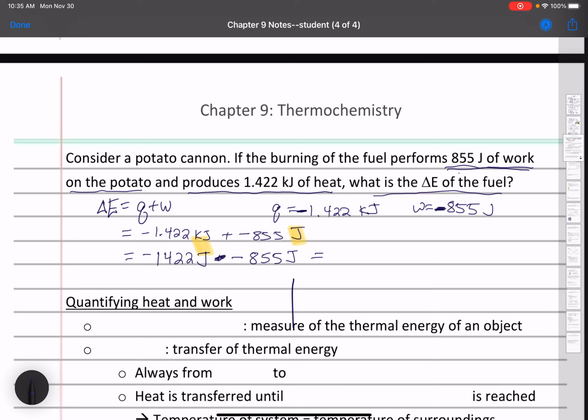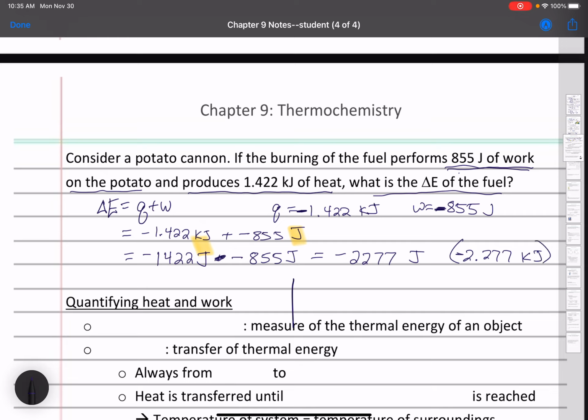Negative 1,422 minus 855 is going to be negative 2,277 joules. Or you might have done this problem in kilojoules, so you'd have negative 2.277 kilojoules.